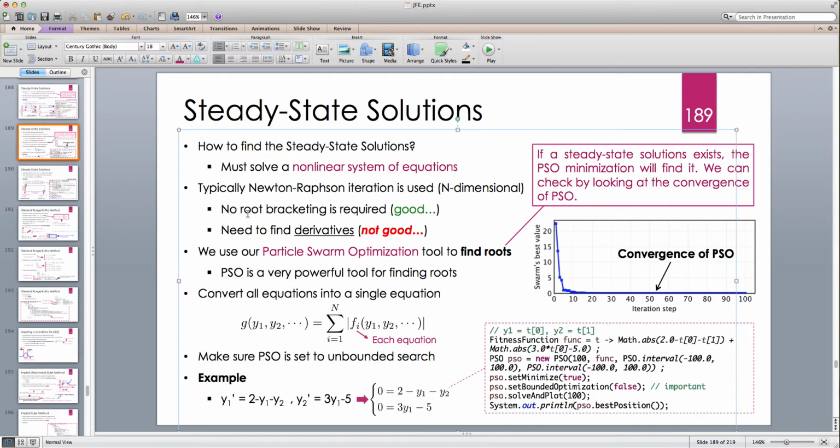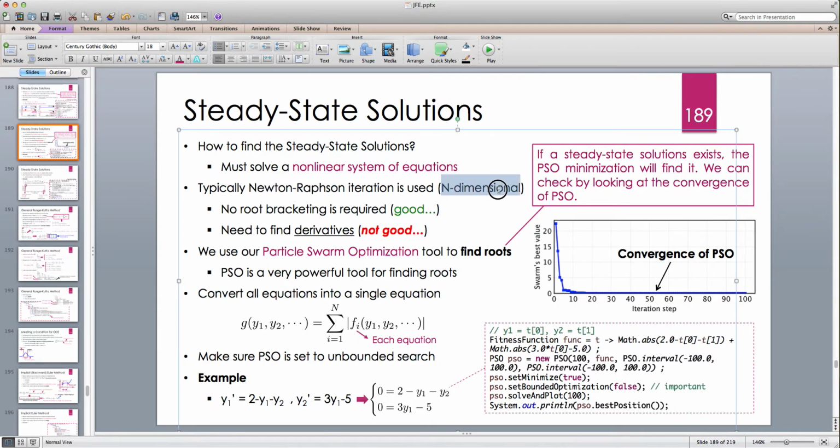First of all, it's a system of equations in general, so we have to have a root finding method that has n-dimensional behavior, can solve for n dimensions. Second of all, nonlinear means root bracketing most likely doesn't work. All right. So most of the software uses Newton-Raphson iterations. We've looked at this for the one-dimensional case.